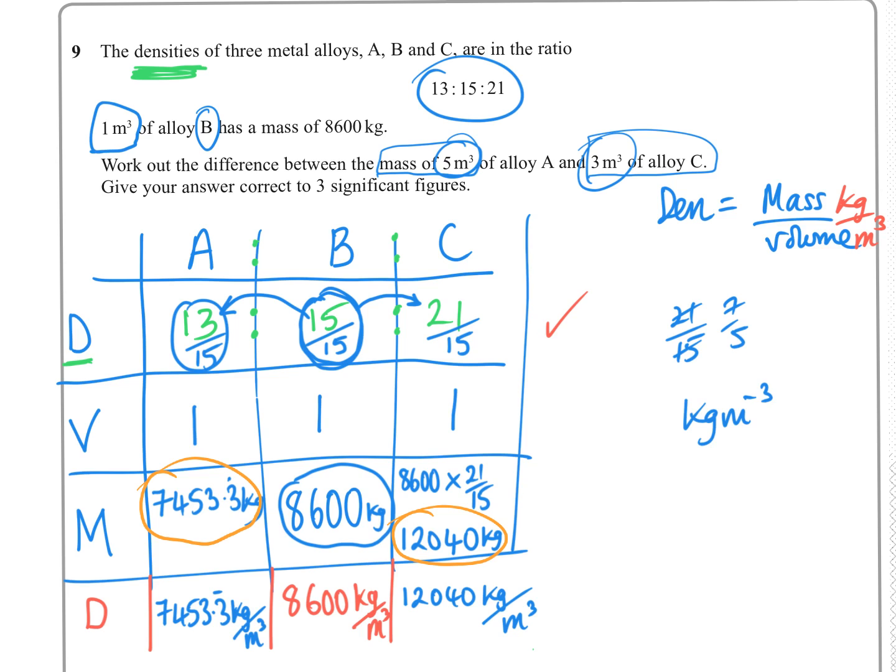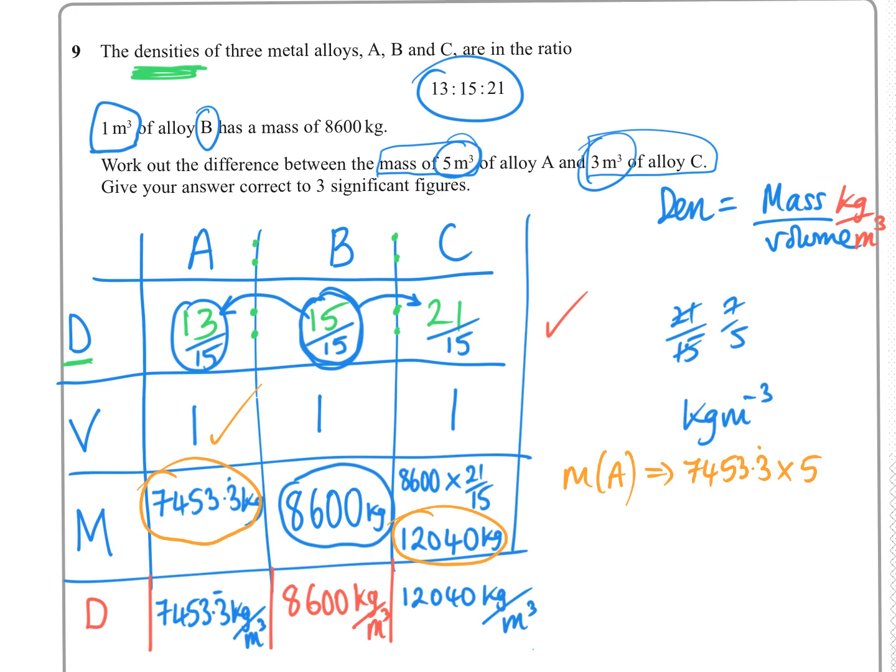So if we want the mass of alloy A, then that's just going to be 7453.3 recurring times 5, because we had it for 1 meter cube and we want it for 5.